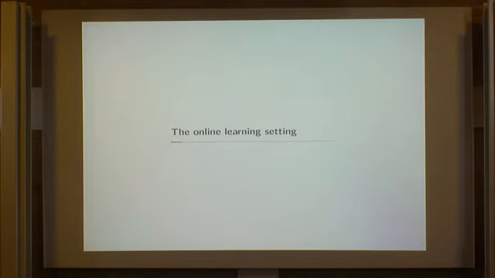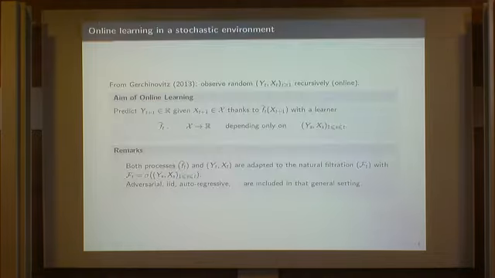So we really need to find another setting, where we introduce in some way a stochastic environment. The setting I will use is the online learning setting with stochastic environment that comes from Sebastian Jerchenevich in his PhD thesis, in a general way.